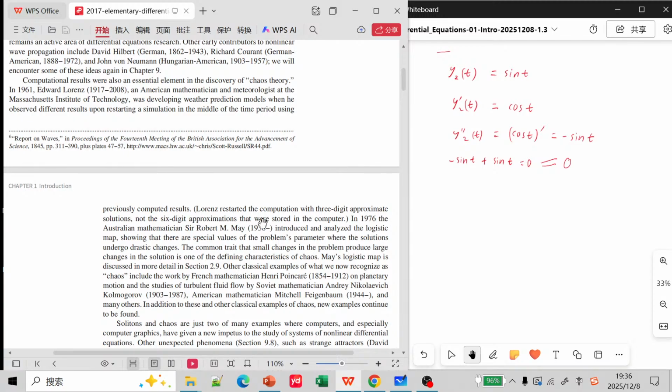Lorenz restarted the computation with 3-digit approximate solutions, not the 6-digit approximations that were stored in the computer.